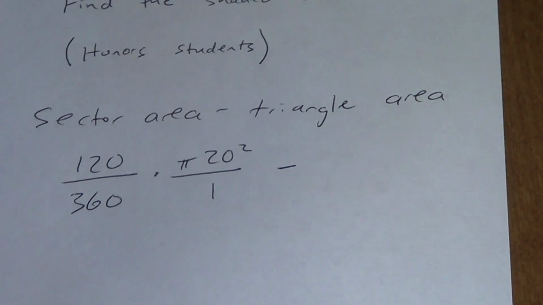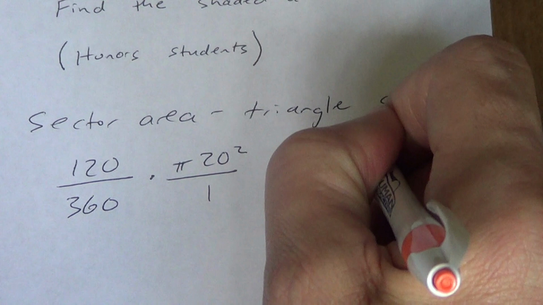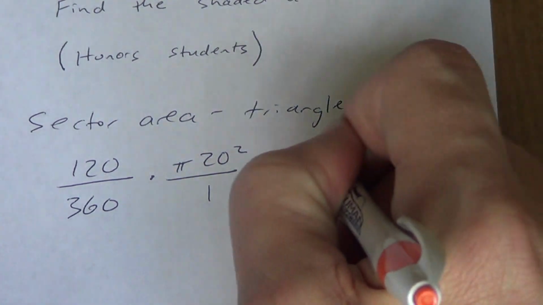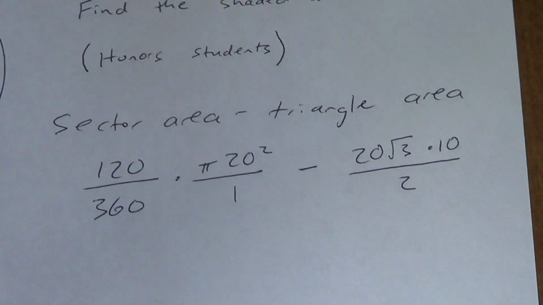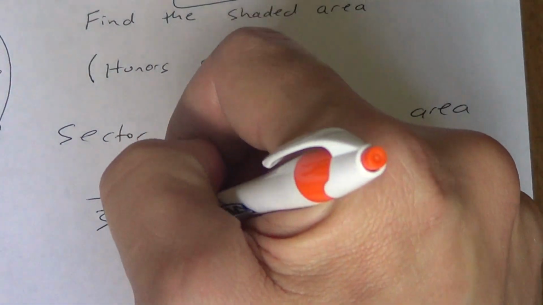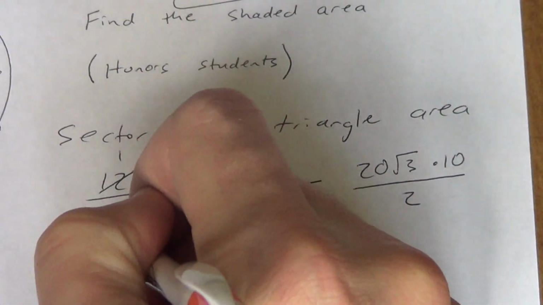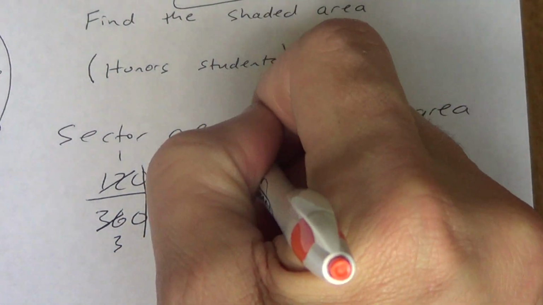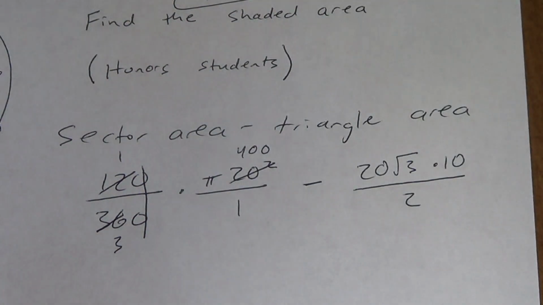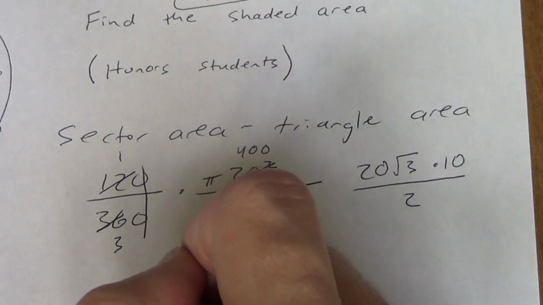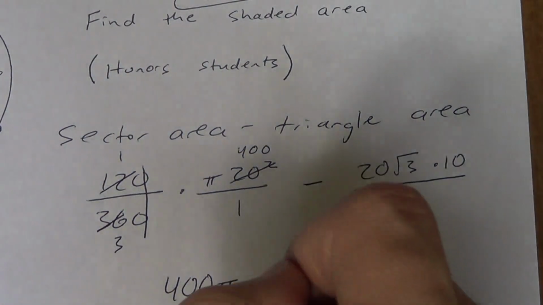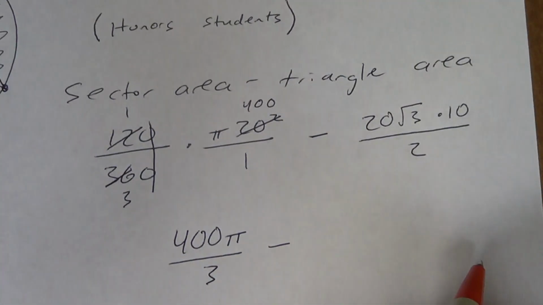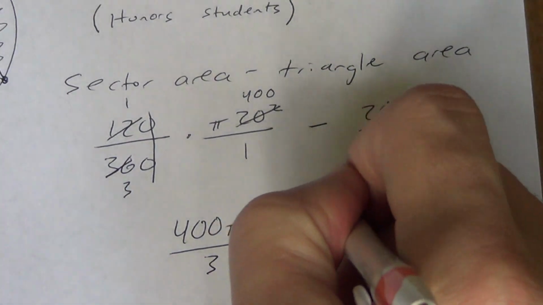So let's come back up here and do that for our triangle. Base 20 root 3 times height 10, don't forget over 2. Base times height divided by 2. All right, now we can do some math. A little reducing here and here: 1/3. 20 squared is 400. 1 times 400 is 400, don't forget pi. 3 times 1 is 3. 20 times 10 is 200.